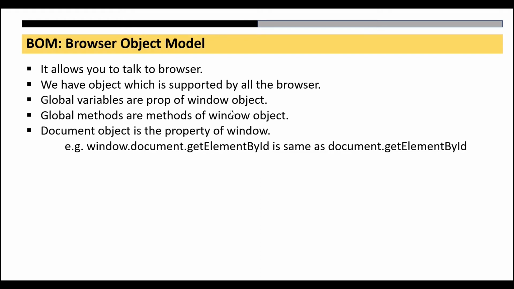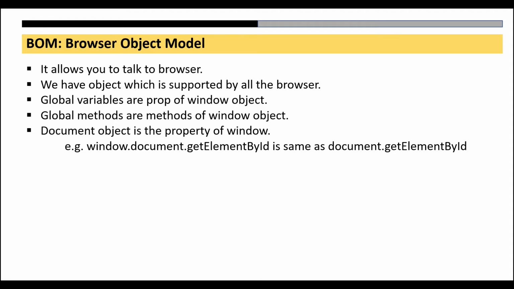Window is the main global parent object that we have in JavaScript. We are going to see the window object and all its properties and methods, and further the objects like history, screen, navigator, their methods and properties, and how they allow us to talk to the browser through JavaScript.